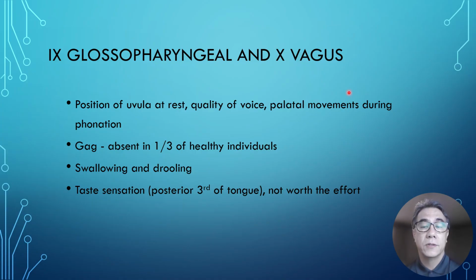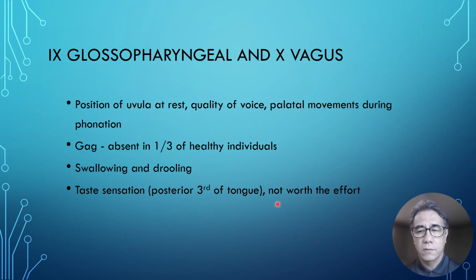The glossopharyngeal and vagal nerves involve the position of the uvula, quality of the voice, palatal movements during phonation. Gag can be absent in 1/3 of healthy individuals, and testing taste of the posterior third of the tongue is not worth the effort.